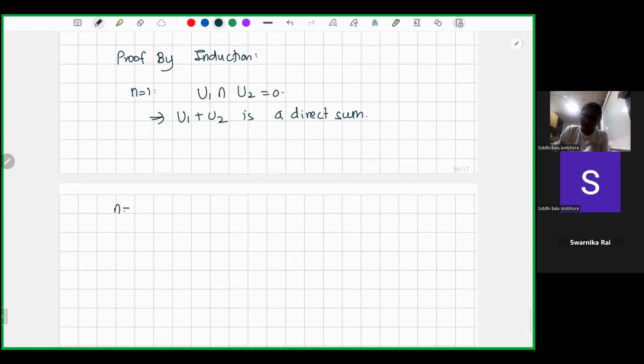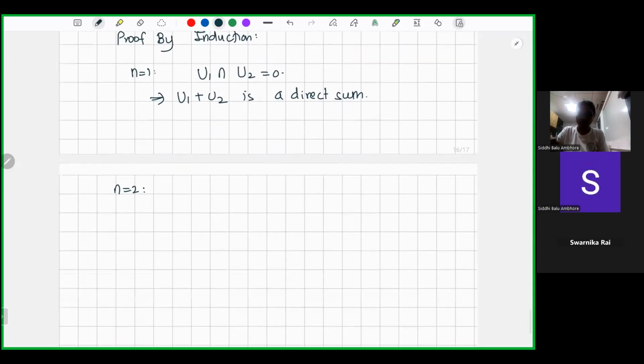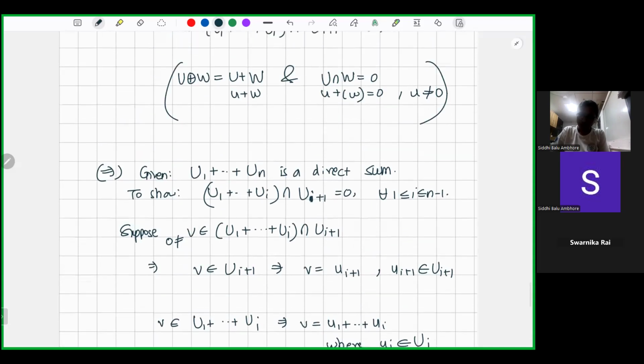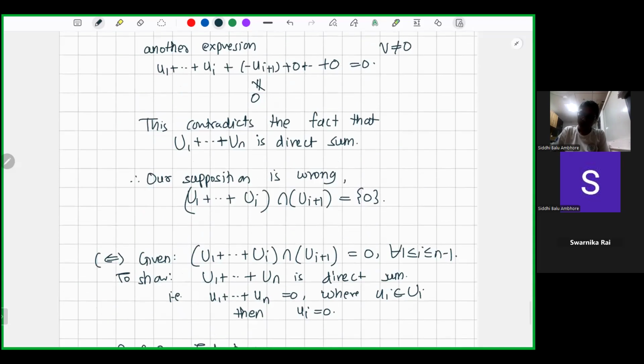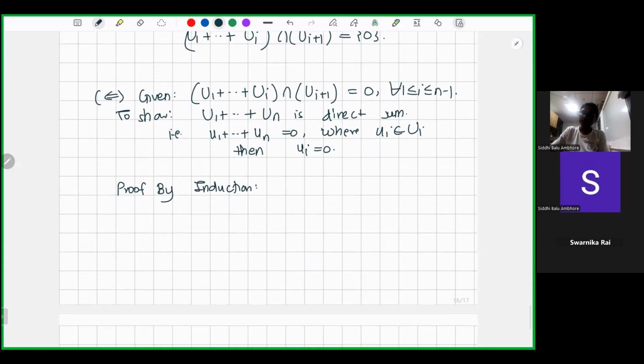Okay, and now base case n is equal to 2. Oh, not n is equal to 1 means this is u1 and u2, right? In case of n is equal to 1, it will be only u1, isn't it? Yeah. This becomes 0, right? This is like 1 less than or equal to i less than or equal to 0.